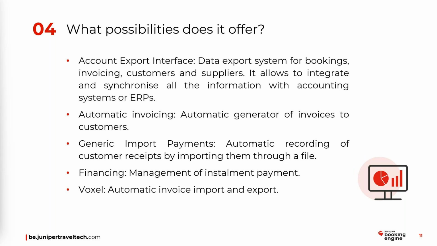On the other hand, there is the automatic invoicing, which is an automatic invoice generator for clients. We also offer the generic import payments, which automatically records customer payments by importing them through a file. Financing for managing installment payments, and Voxel, which automatically imports and exports invoices.